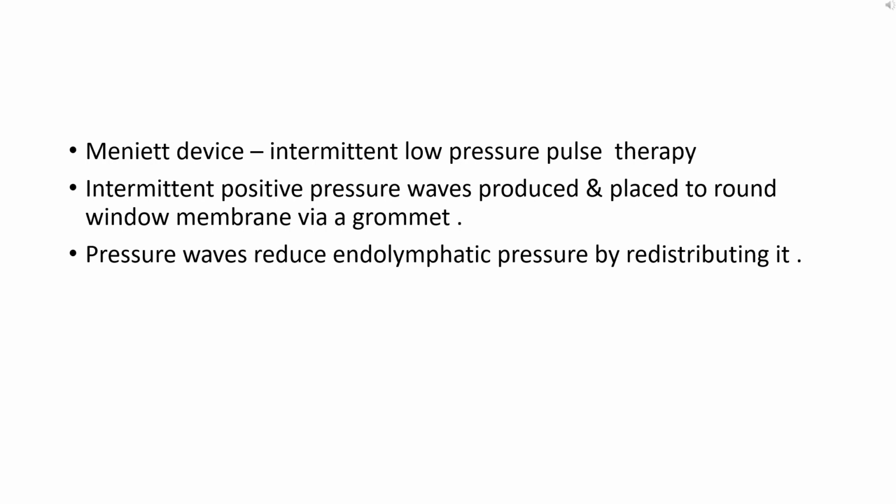These pressure waves reduce the endolymphatic pressure by redistributing it. Whenever the pressure waves go to the endolymphatic sac, there will be redistribution of all the endolymph in all the areas. So that will cause reduction in the endolymphatic pressure by this device. The name of the device is important, that is the Meniere device.